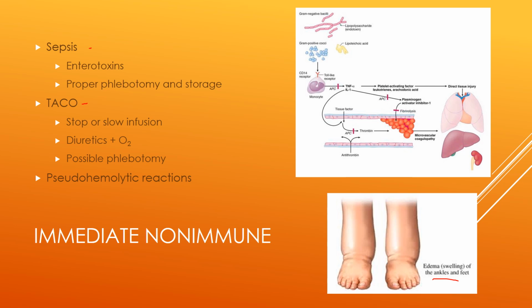And then, of course, you do have pseudo-hemolytic reactions where you can actually have hemolysis occurring, but it might be from some non-antibody antigen reaction. It could occur for other reasons. So, for example, it could be because of osmotic rupture if you use the wrong solution during transfusion. The transfusion usually occurs along with some other fluids.